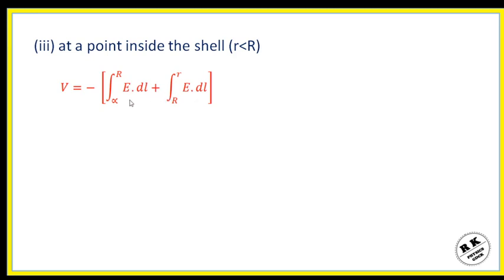Had it been the same, we would have continued with a single integral, but the value of E differs in these two regions. That's why we split the integral into two separate terms.